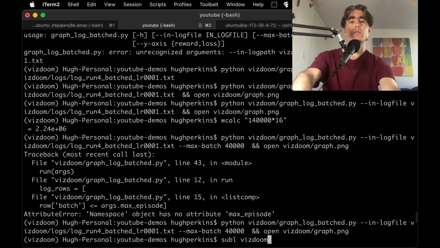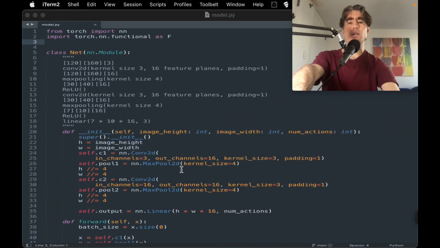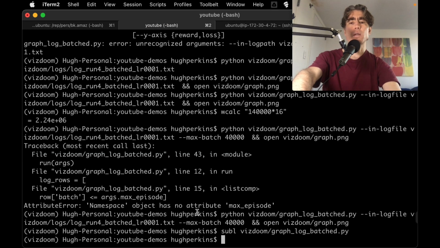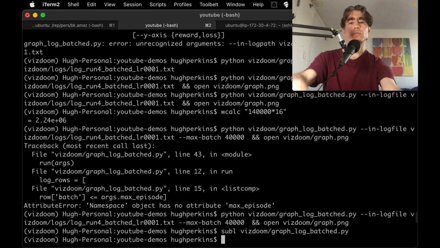In the ViZDoom graph log batch py, line 15. So what was the error? No, this should be max batch, right?